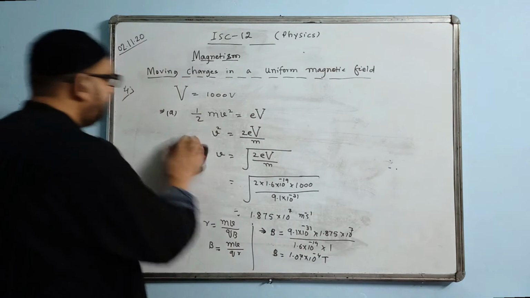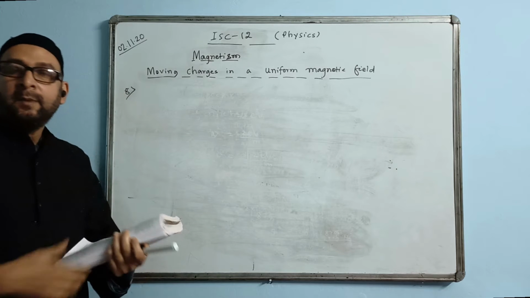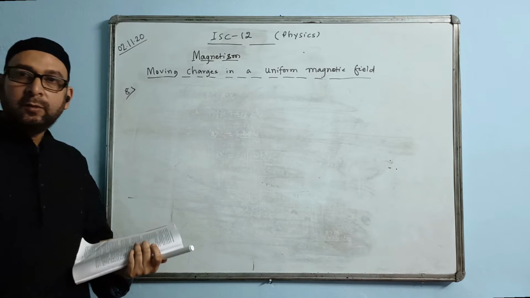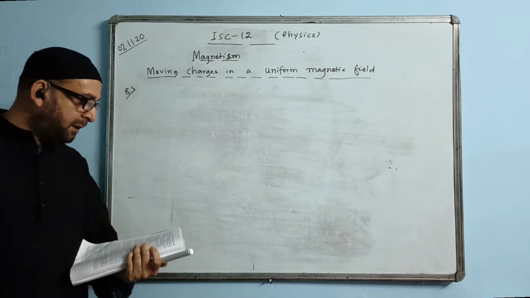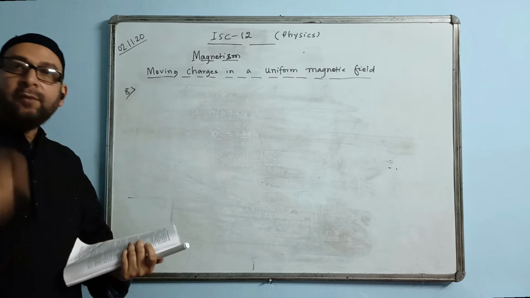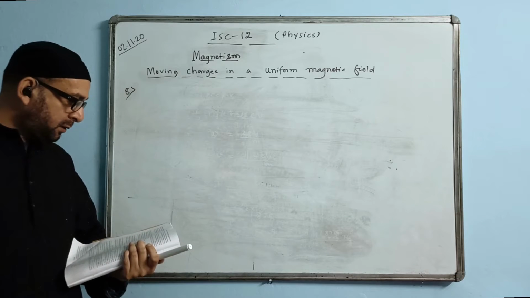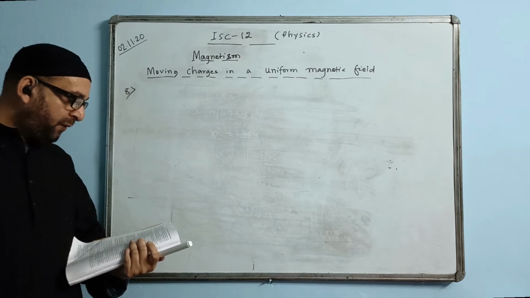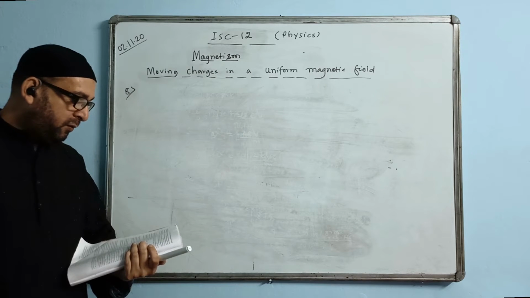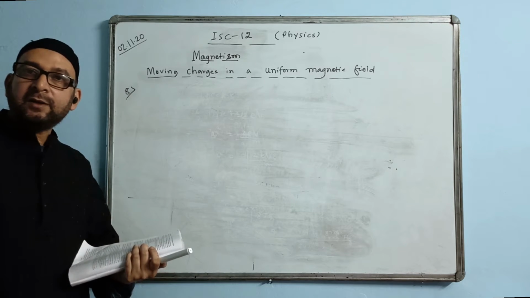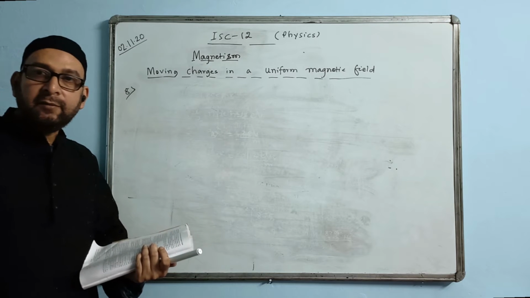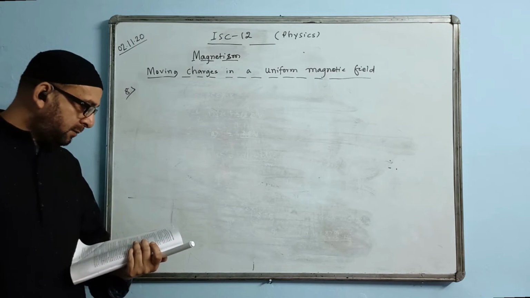Here the question says an electron having 880 electron volt of energy moved at right angles to a uniform field of flux density 2.5 into 10 to the minus 3 Tesla.